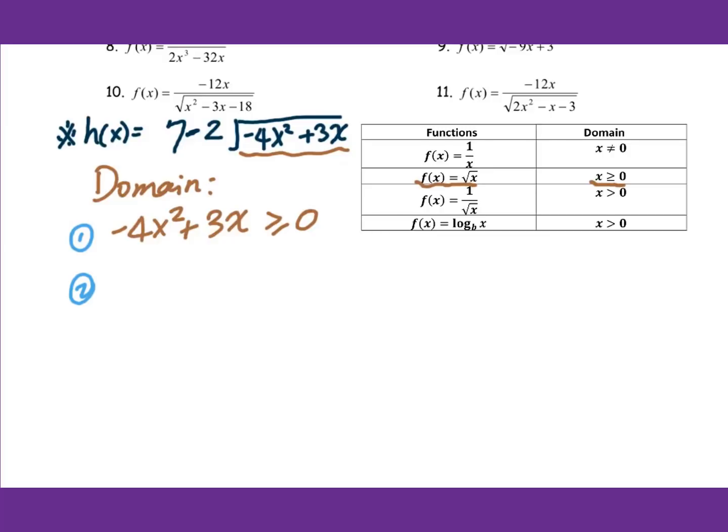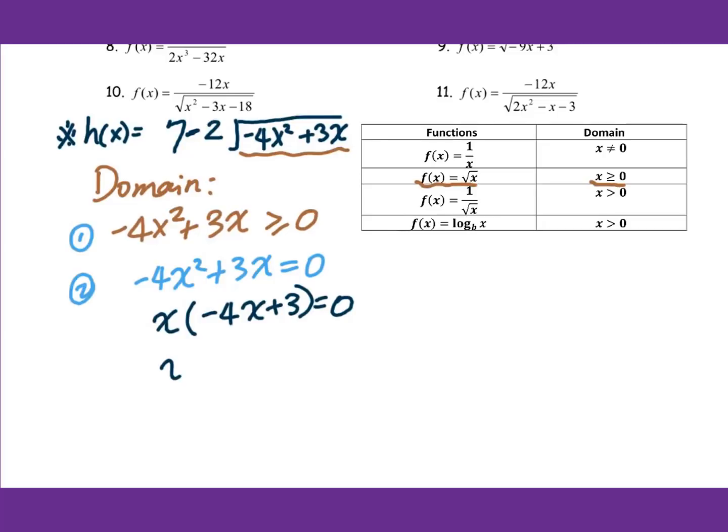Second step, we figure out the roots by setting it equal to 0. Then we factor. The common factor is x, so x(negative 4x plus 3) equals 0. Then your x1 equals 0, x2 equals 3 over 4.